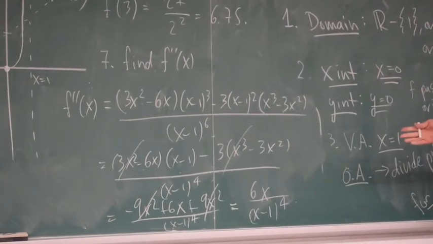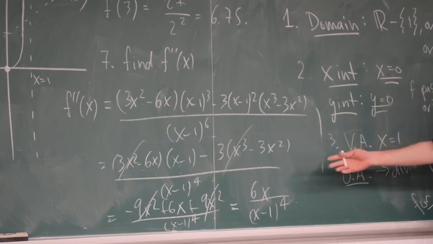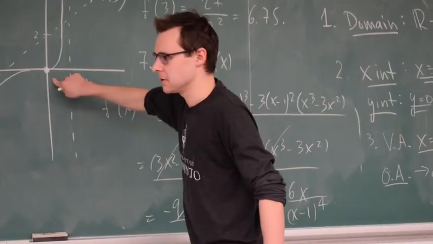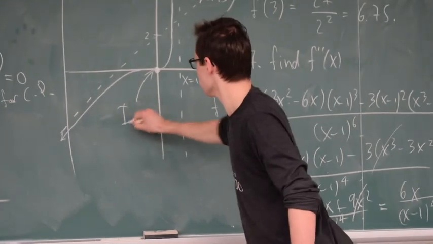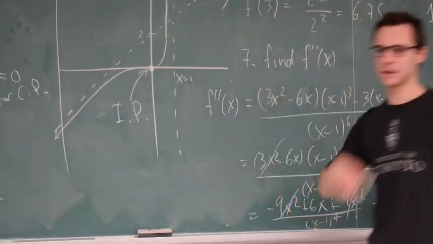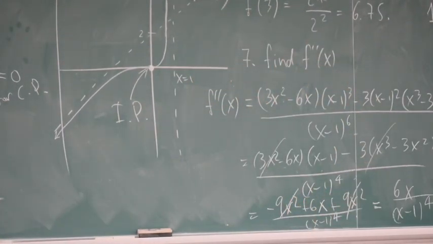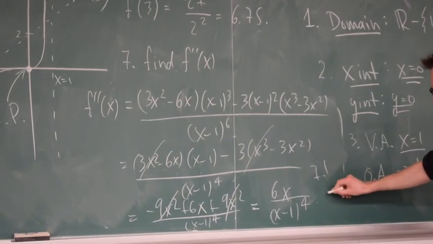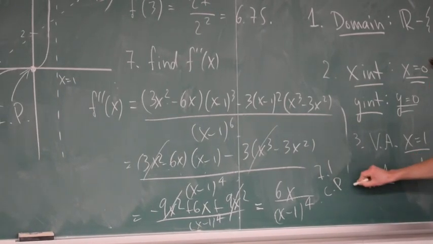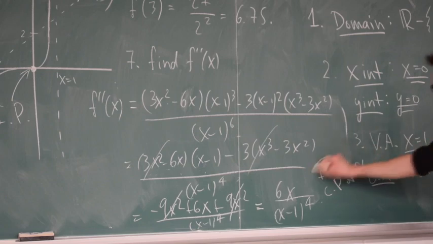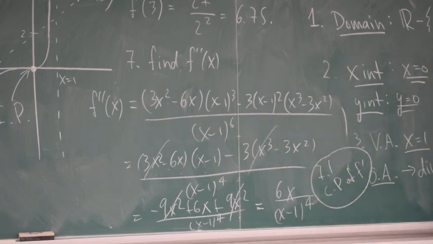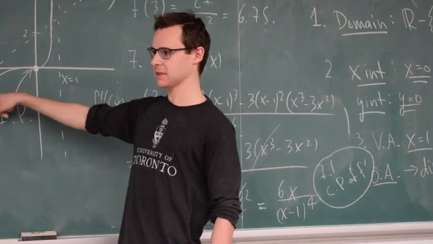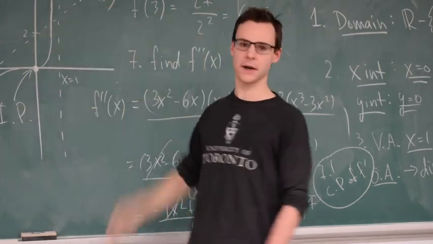Now you can see that there's only one inflection point and it's 0, which is what we already knew. So this is the inflection point. That's step 7. That's step 7.1, okay? Is the critical point of the derivative, okay? Step 7.2 is concavity, which means you look to the left of 0, to the right of 0, and to the right of 1, okay?